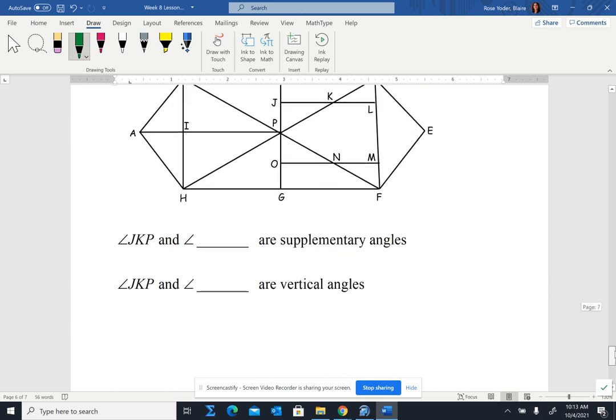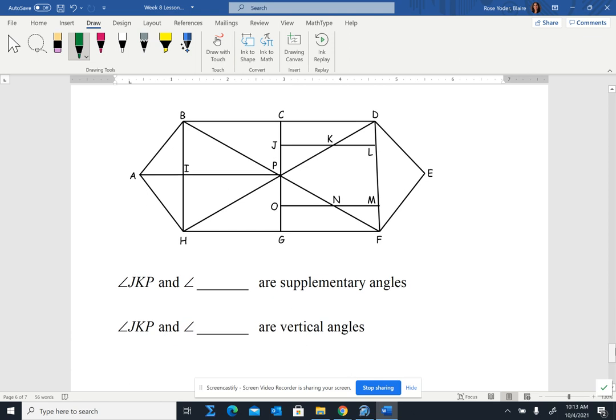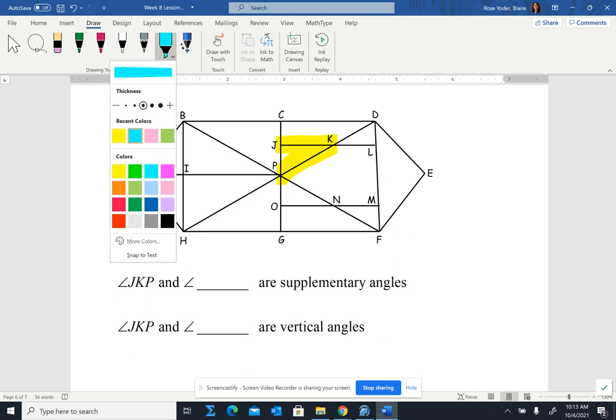All right, one last problem here. We're going to practice looking at a complicated diagram and identifying what angles are supplementary angles or vertical angles. So JKP, that's this one. All right, we want to find an angle that's supplementary to it. So if two angles are supplementary, they make up a straight angle.